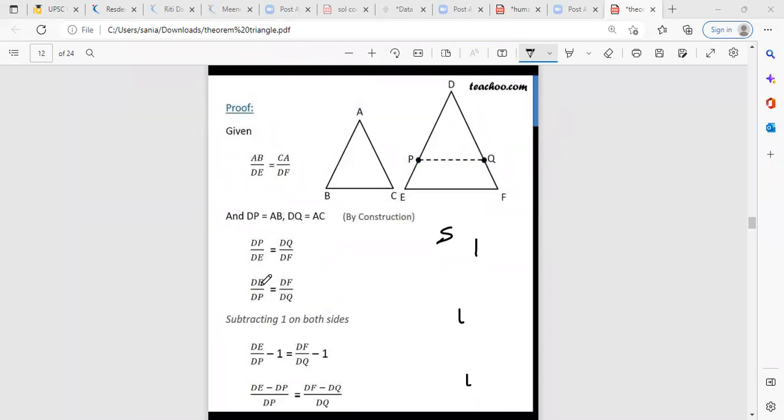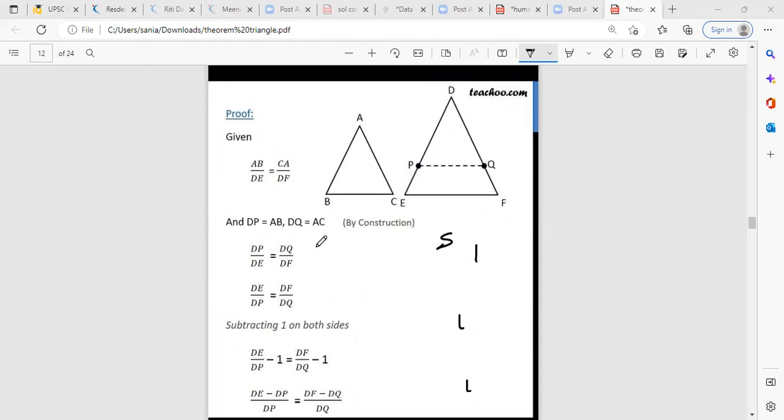These are because of BPT, right? Because you are already saying they are parallel. Over here, by construction, what you said, these are equal, right? And by following the BPT itself, you will get to know that they are in equal proportion, like you are going to divide DP and DE. Okay, teacher.